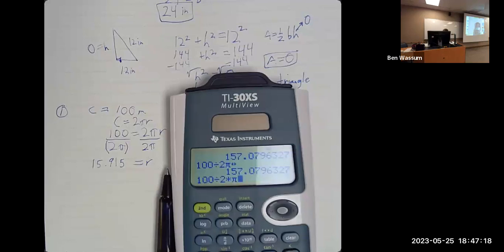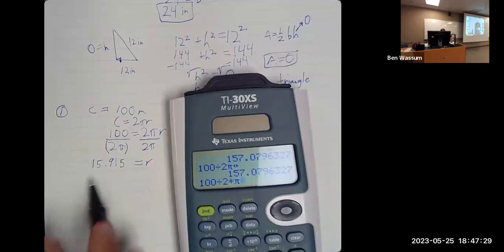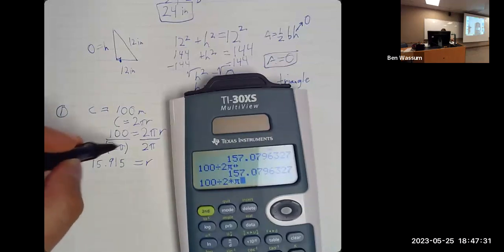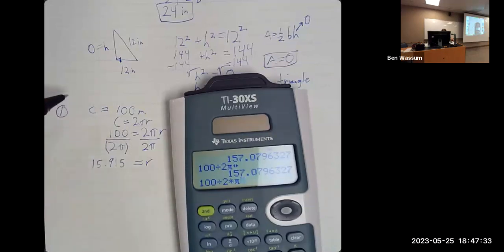What I usually recommend is, if you're going to be punching multiple pieces into a calculator, anytime you have multiple pieces, put parentheses around it.